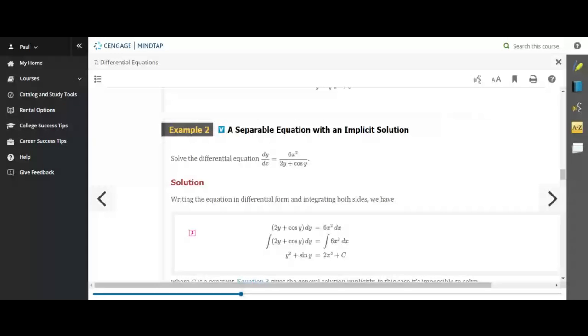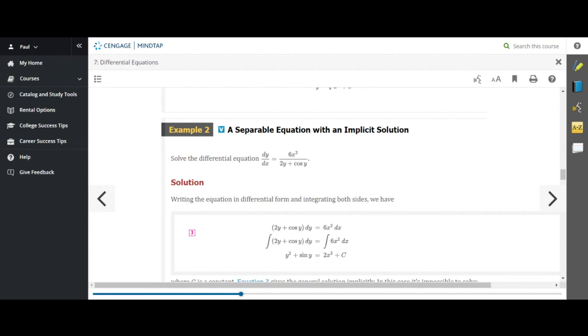Okay, so in section 7.3, they have examples, and one they talk about is a separable equation with an implicit solution. I just wanted to make you aware that what to me is very valuable is finding an explicit solution, because then you have a formula for your solution, y equals something.